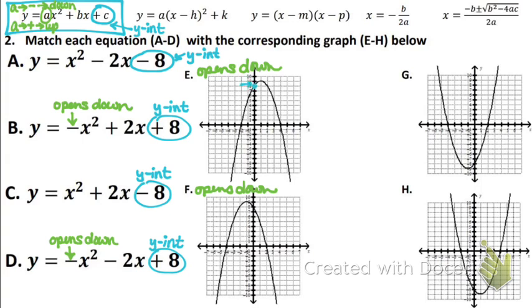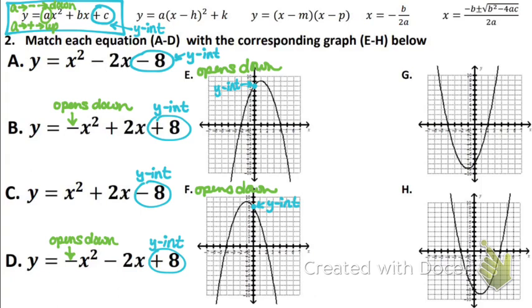Positive 8 on both of them. So I'm going to need a little bit more. I know that one of those is B and one of those is D. They've got the same y-intercept. They both open down. What's different about those two graphs? Yes, positive 2x, negative 2x.